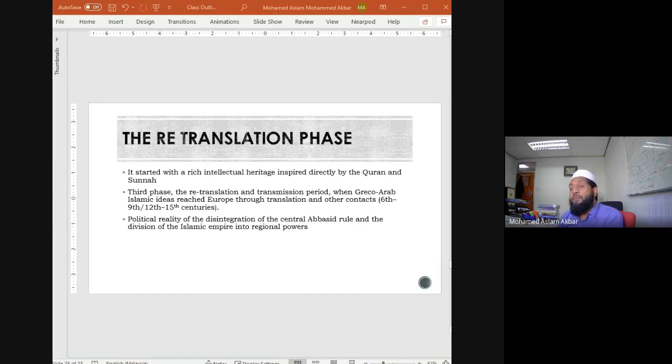These are the people who actually brought the branches of Greek philosophy into ilm al-akhlaq, into ethics. They brought into ilm siyasa, into politics, and then they brought into ilm tadbir. Tadbir is actually tadbir al-manzil, meaning the science of household management.